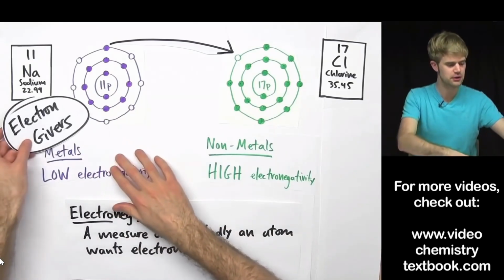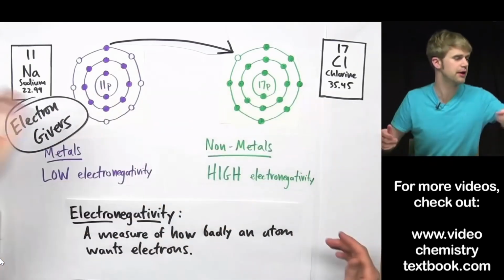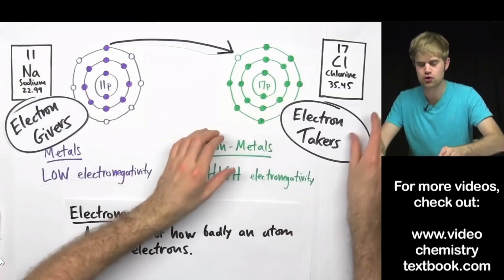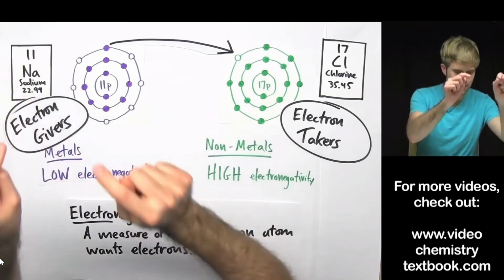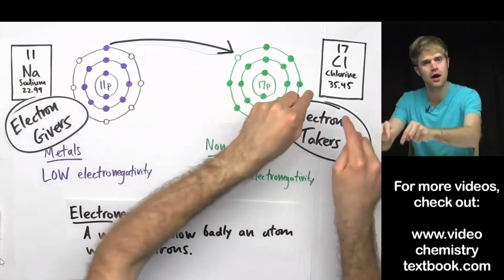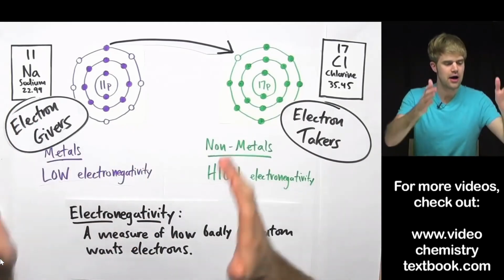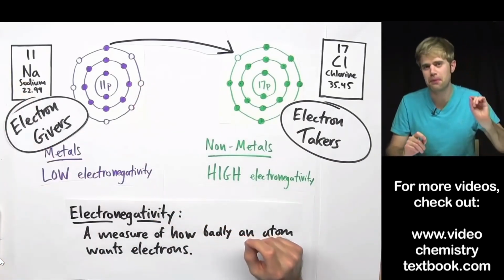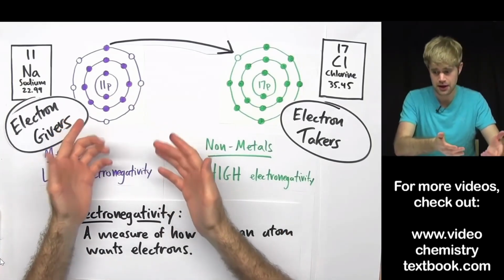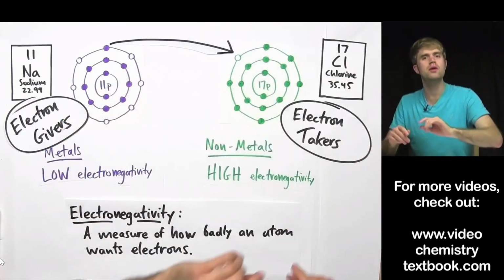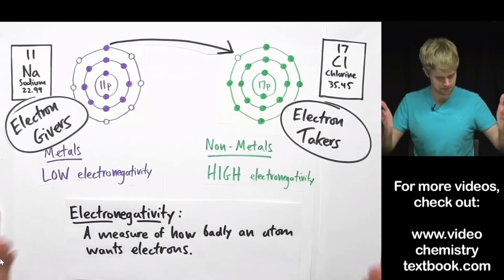The metals, like sodium, are the electron givers, and the nonmetals, like chlorine, are the electron takers. Electrons always move from the metal to the nonmetal. Because of that, the metals always become positively charged because they lose electrons, and the nonmetals always become negatively charged because they gain electrons.